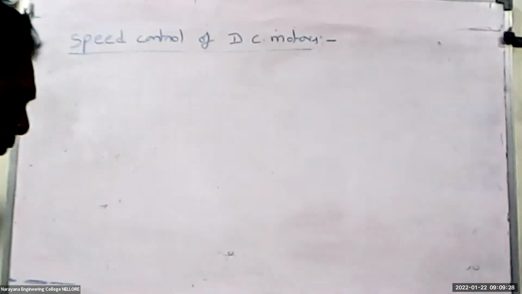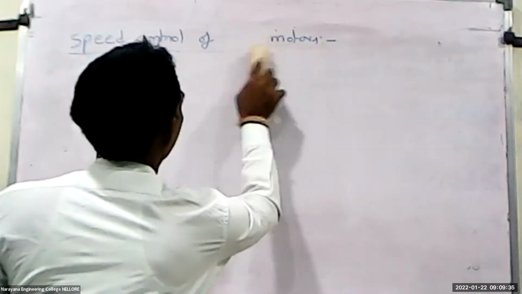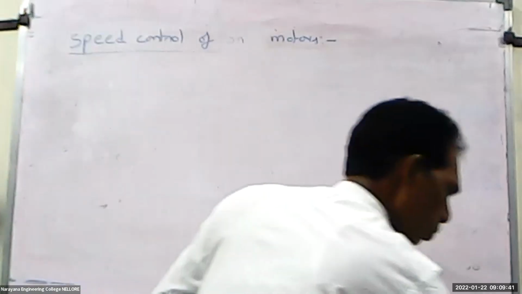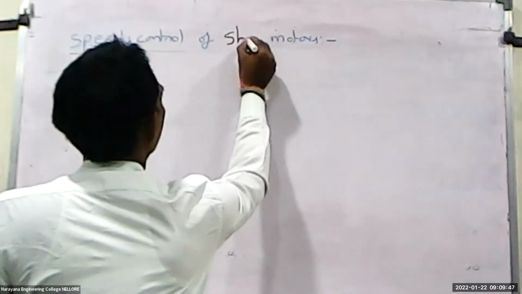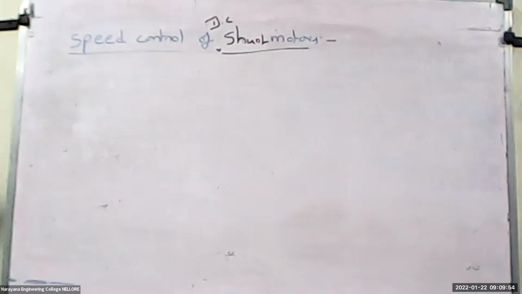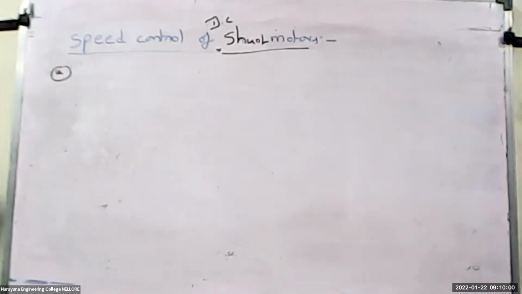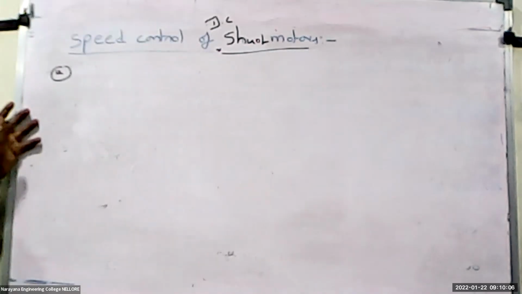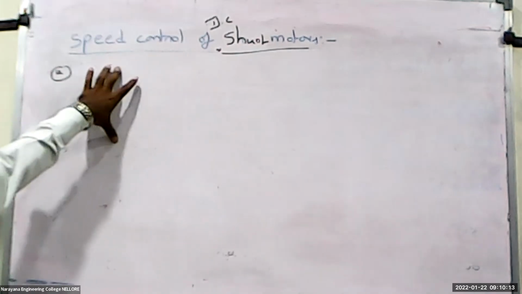Speed control of DC shunt motor. If you want to write down the characteristics of a DC shunt motor, DC series motor or compound motor, whatever it may be, first write down the equations I mentioned previously.